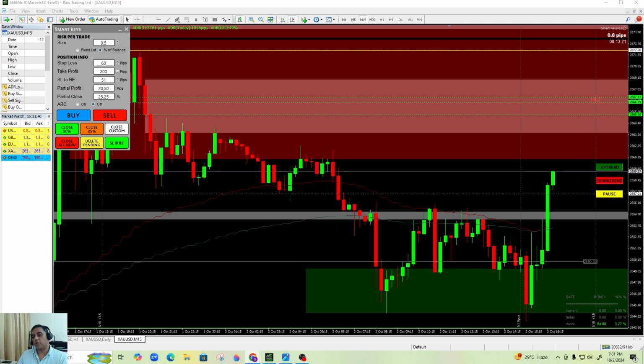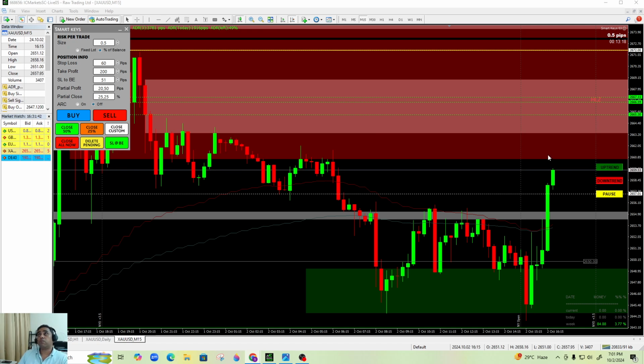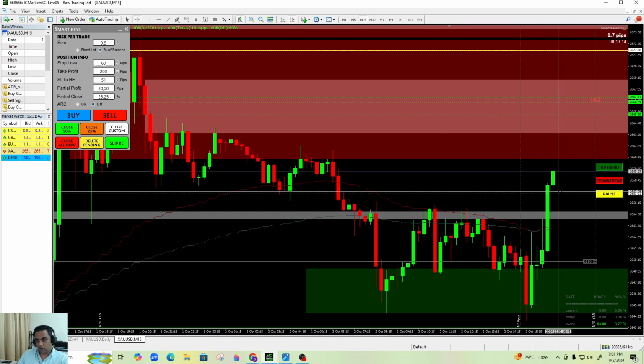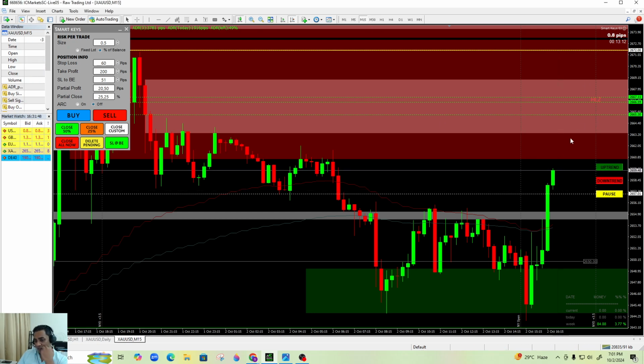Also 30 minutes for the 4-hour candle to close. So I'm going to wait and watch this 15-minute candle. Got 13 minutes for this 15-minute candle to close. Let's see what it does here.